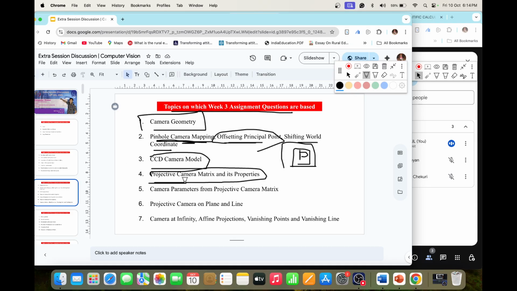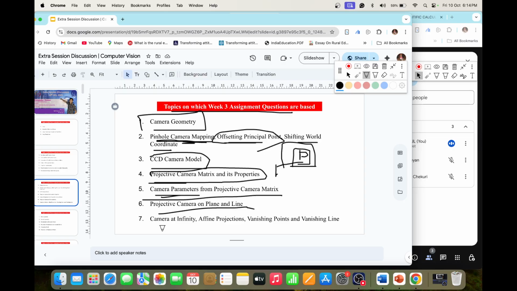But this projective camera matrix and its properties, from this we can get all the properties related to your projective camera matrix, and then the camera parameters from your projective camera matrix. What is the camera center? That is very important, and we can get it from the projective camera matrix. And then projective camera on plane and line: if we put a projective camera, how will our plane and line be projected?